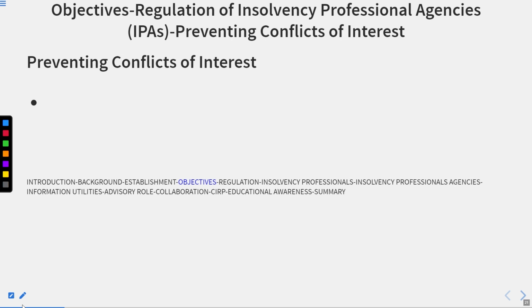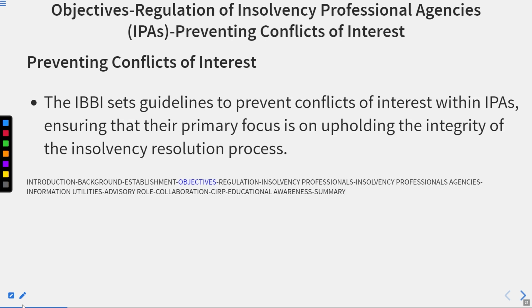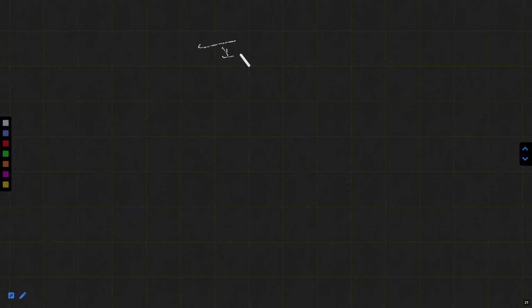Thereafter, preventing conflicts of interest. What do you mean by it? Let's see. The IBBI sets the guidelines to prevent conflicts of interest between IPAs, ensuring that their primary focus is on upholding the integrity of the insolvency resolution process. Suppose this is the IBBI.